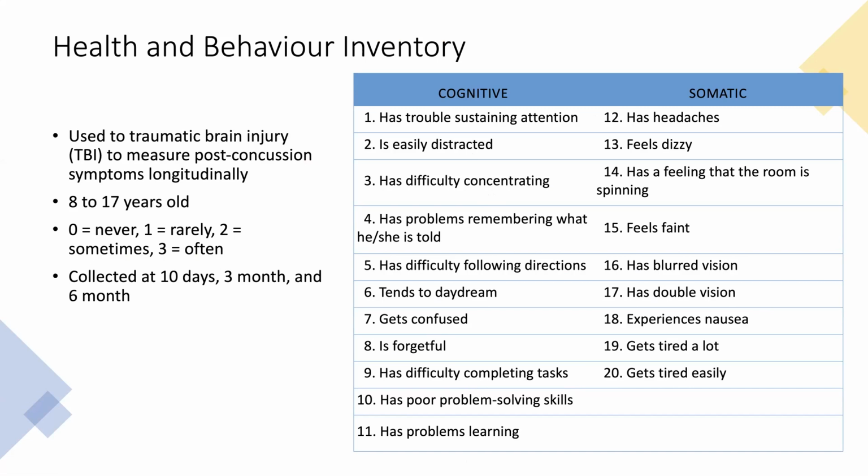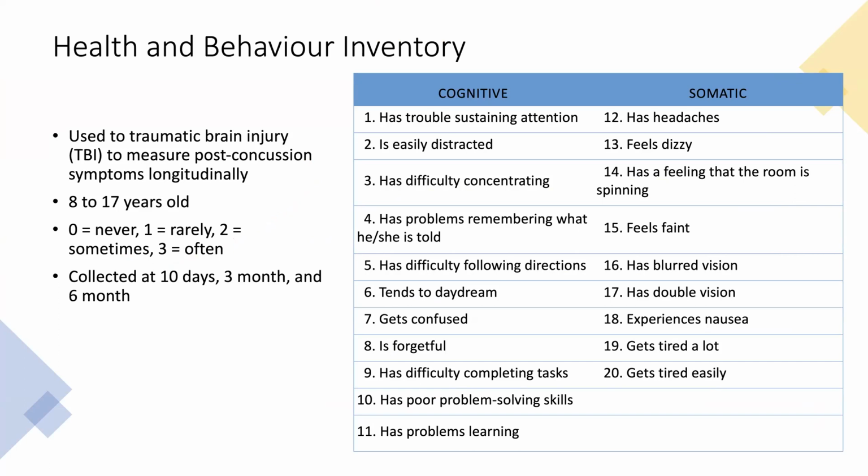We would distribute these to kids who have sustained a concussion. It asks them about their concentrating, memory, and problem solving after concussion. And then questions 12 to 20 are more about physical symptoms: headache, feeling dizzy, blurred vision, and things like that.